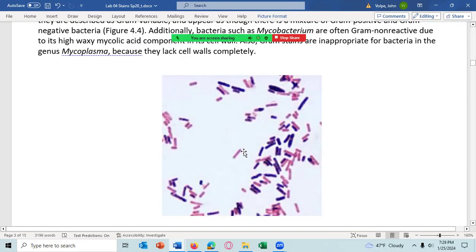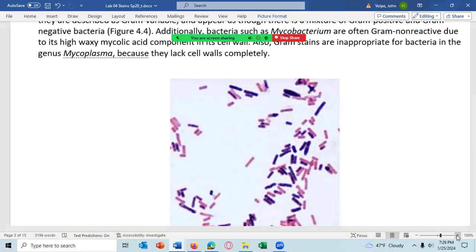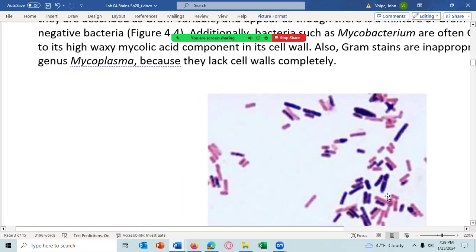And that is a gram-negative bacilli staining pinkish, and then gram-positive bacilli staining dark purple. What do you call these, gram-negative or gram-positive? Well, you can call it mixed. The mycobacterium actually are gram-positive.